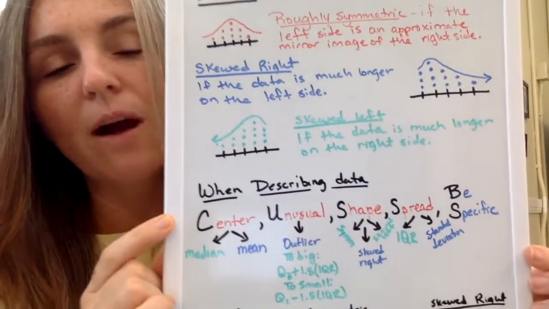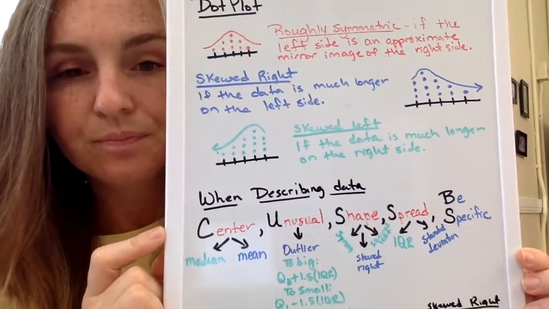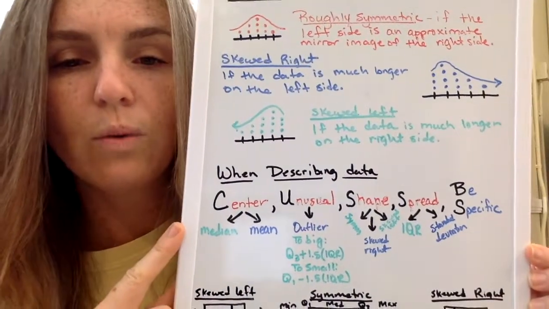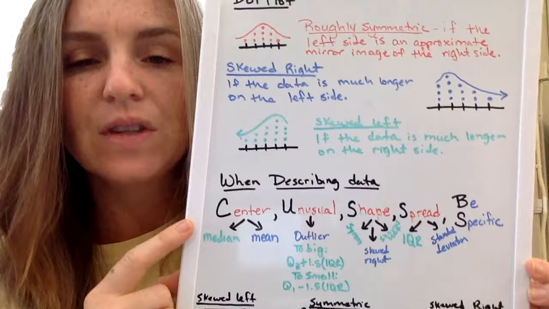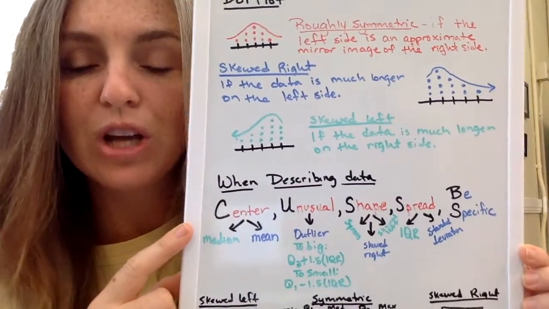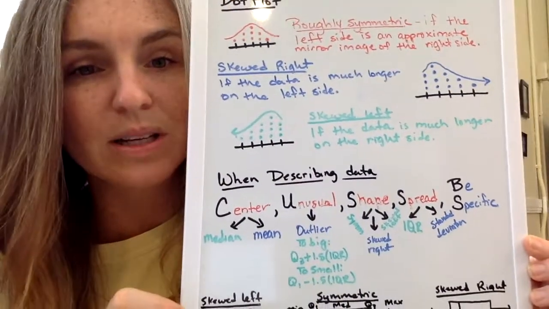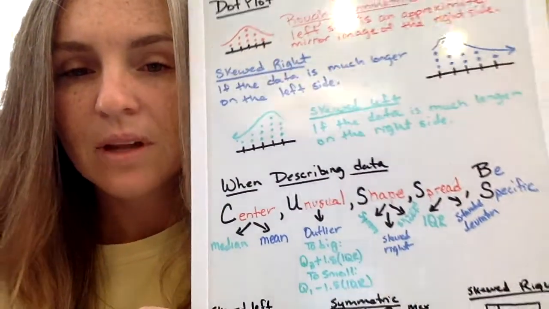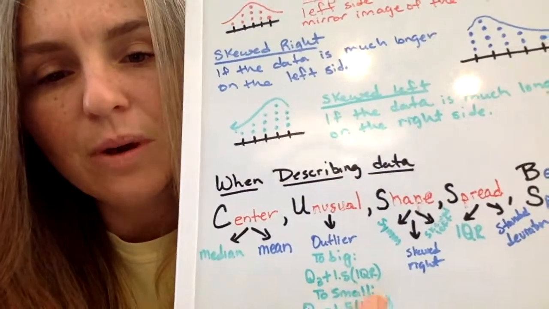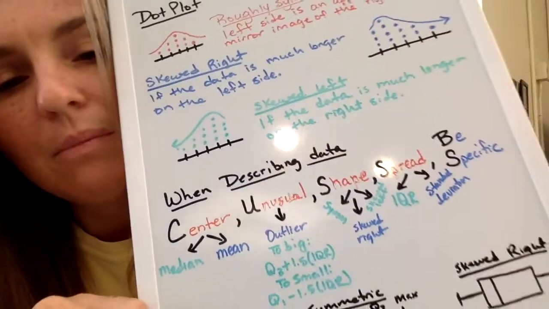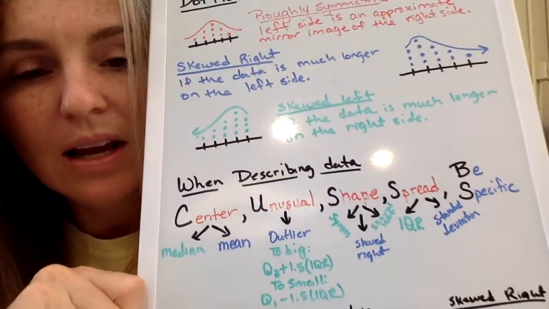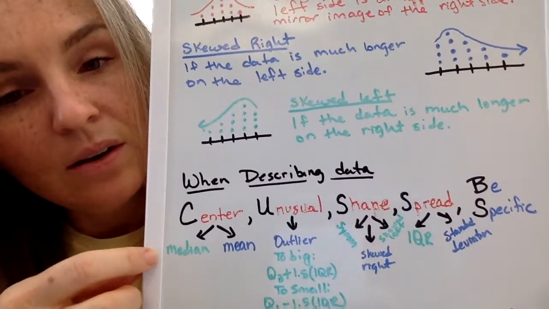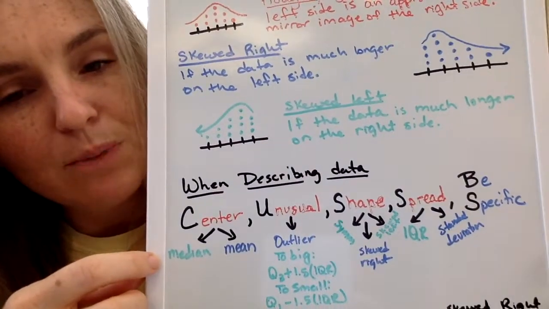When we begin describing quantitative data, really any data actually, we want to think about the center, anything unusual, the shape, the spread, and we want to make sure we're really specific to the prompt or to the problem we're looking at. When we think about the center, we can think about it as two things, mean or median. Depending on which one we're picking, the spread might be different.